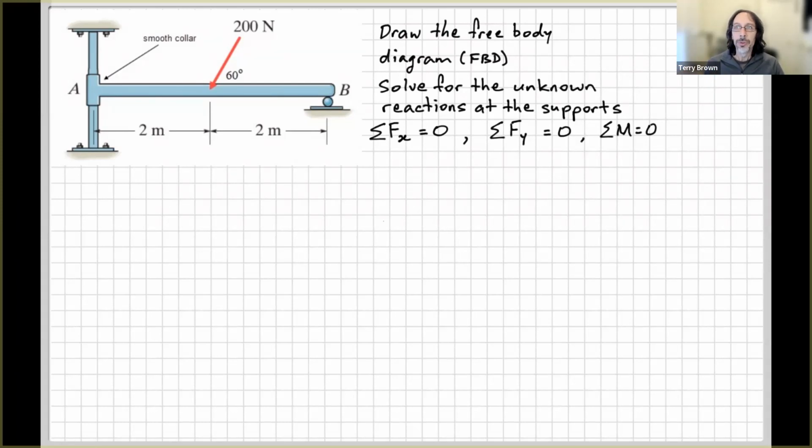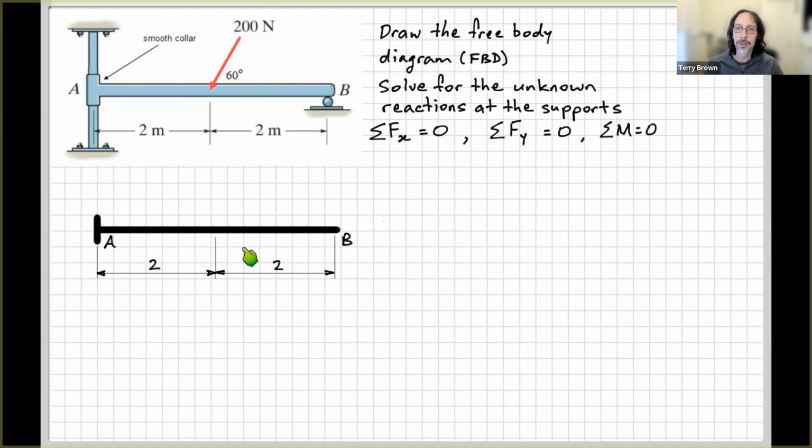So when we draw a free body diagram, the free in that description means that it's free of everything that it's attached to. So when we draw the free body diagram, the object that we draw a diagram of is just the component that we're wanting to analyze. So in this case, just this component A to B, right?